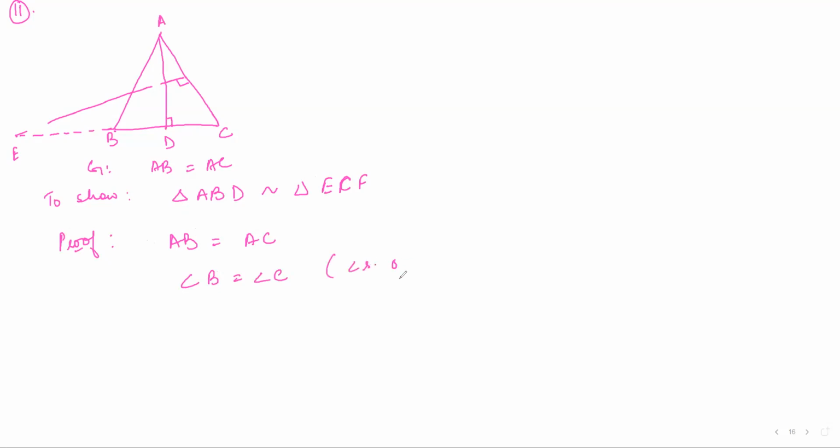Yes. Angles opposite to equal sides. Okay, and so angle ADB is equal to angle EFC. So first of all, you have to name the triangles which you are taking. So take the triangle ABD and triangle ECF, right? Now see, this I have written from what is given.